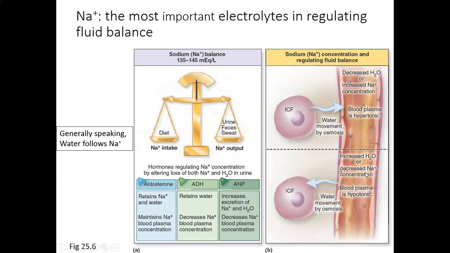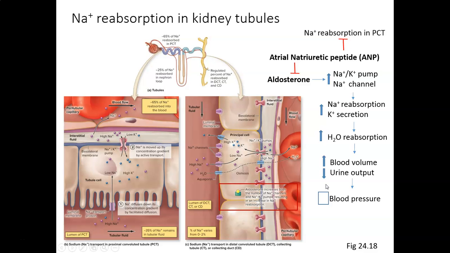Then water moves away from the hypotonic compartment to the more hypertonic one. So if the cell, in contrast to the blood plasma, is hypertonic, then the water is going to move into the cells. So that's the fluid balance we talk about.